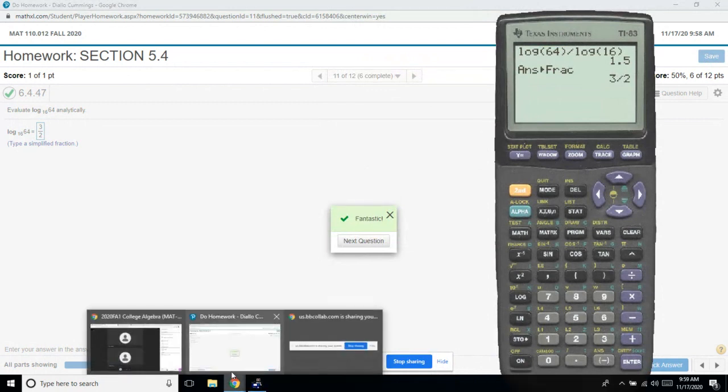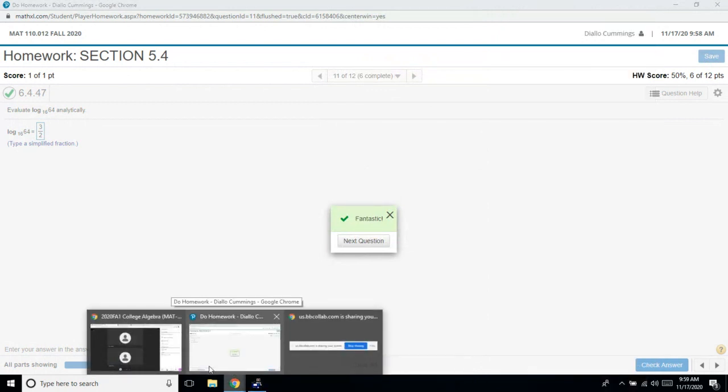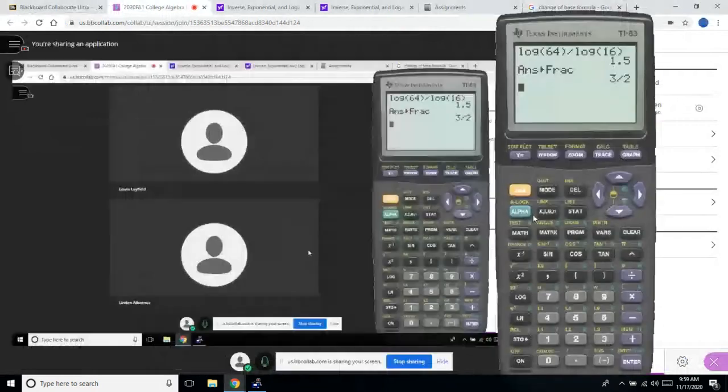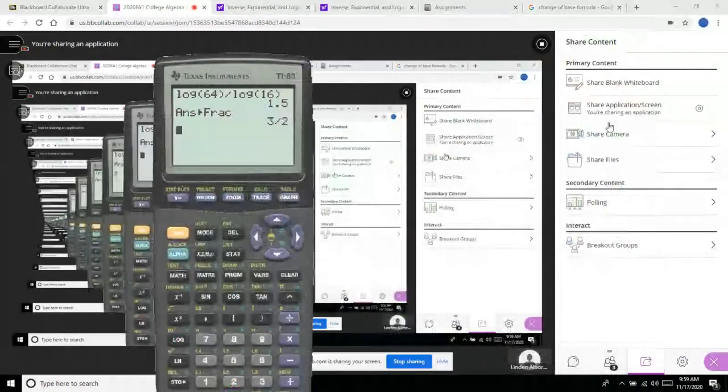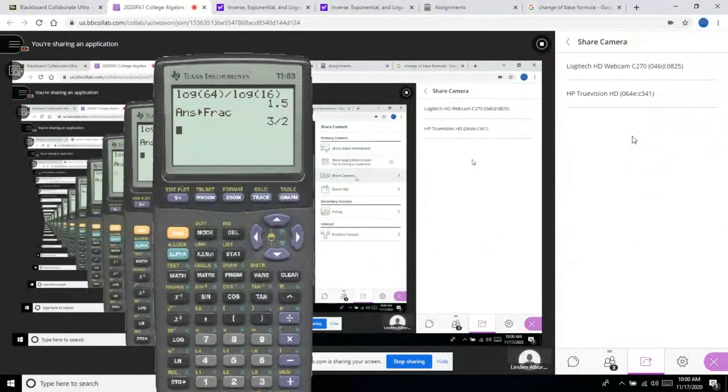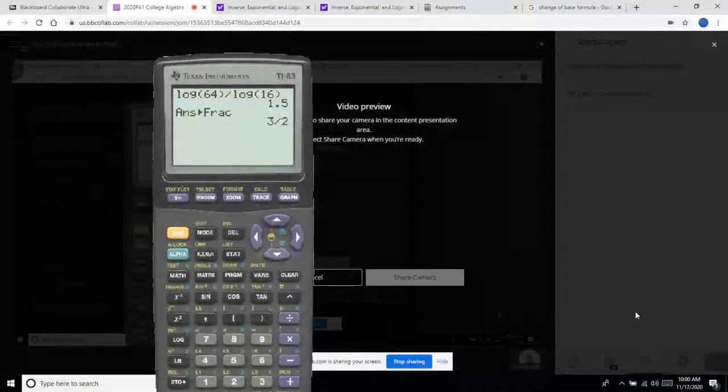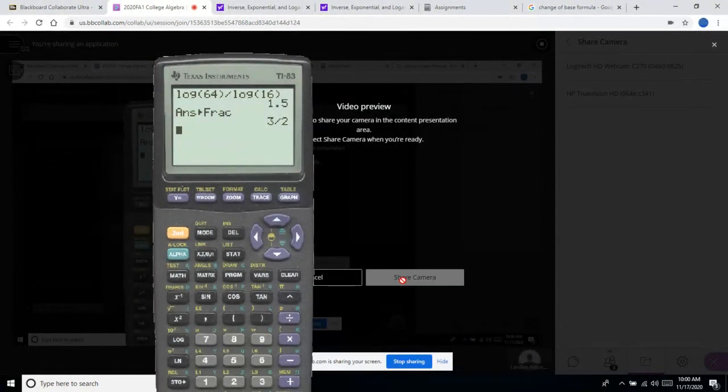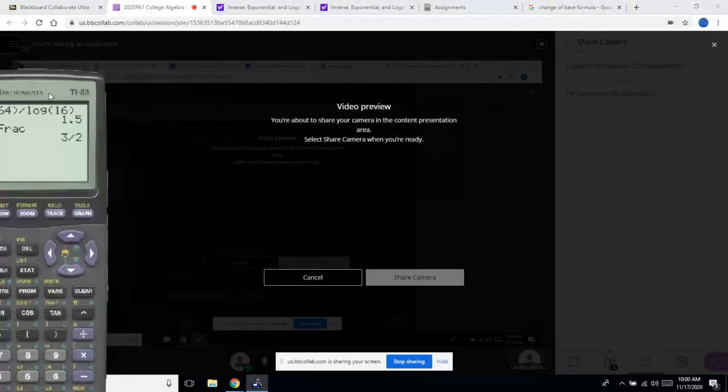All right, now there's something else I want to show about the formula. You may actually see the formula written in a different manner. And so I'm going to switch to the document camera.